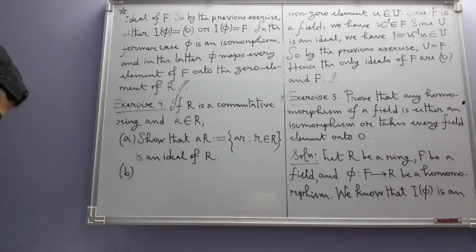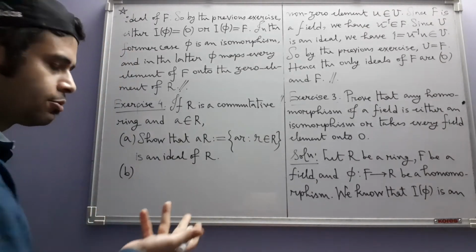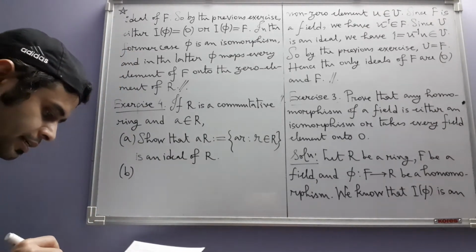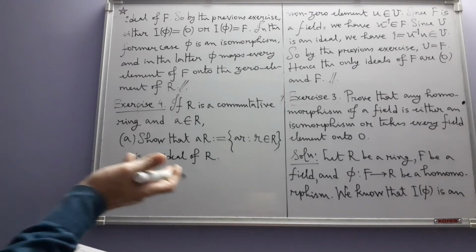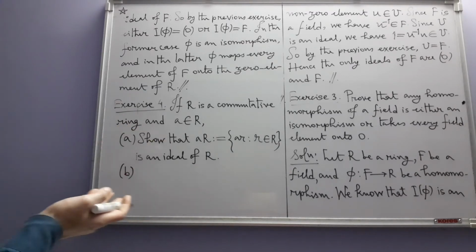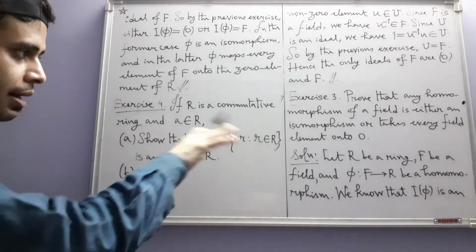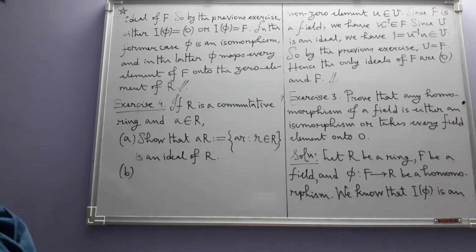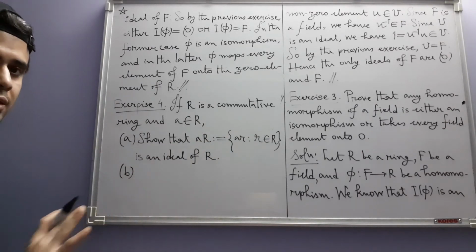B. Show by an example that this may be false if R is not commutative. Okay, ideal of R means a two-sided ideal. Actually, two-sided is mentioned in the exercise, but since we have said before that for us ideal will mean two-sided ideal, unless of course we are explicitly mentioning something else, we don't bother to write two-sided.